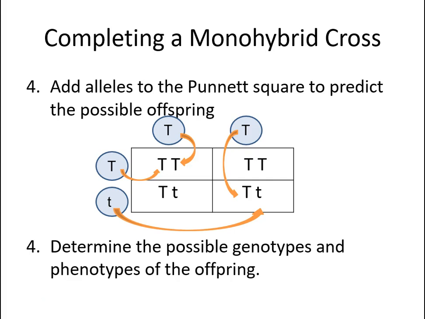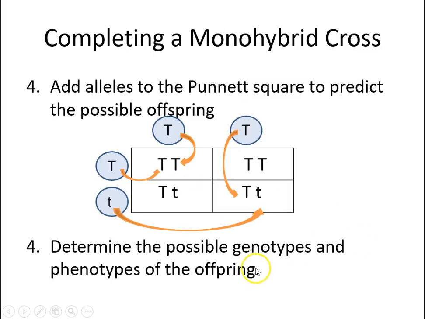So then I would say my possible genotypes would be capital T, lowercase t, and that would be a 1-to-1 ratio because we have an equal amount of each. And my phenotypes, depending on the trait we're looking at, so let's say this is height, like in Mendel's experiment, all 100% of the organisms are going to be tall because they all have this capital T dominant allele.